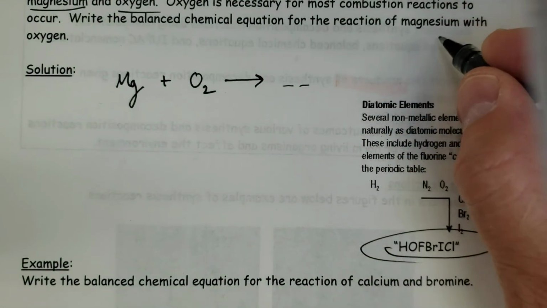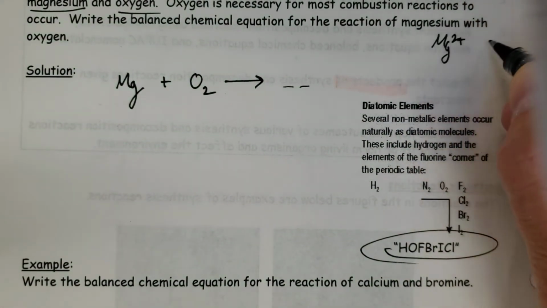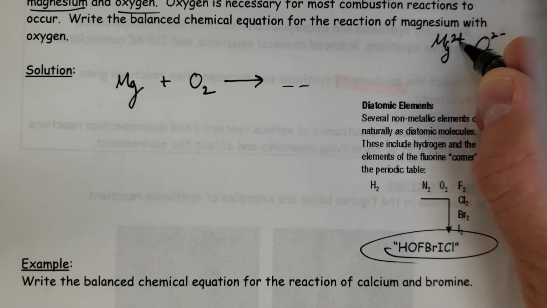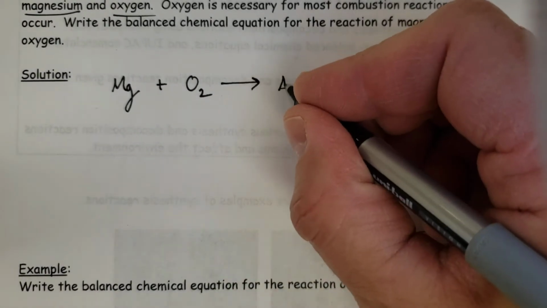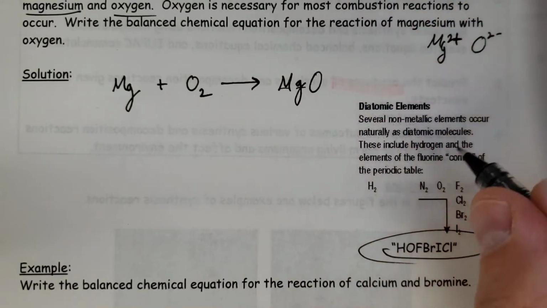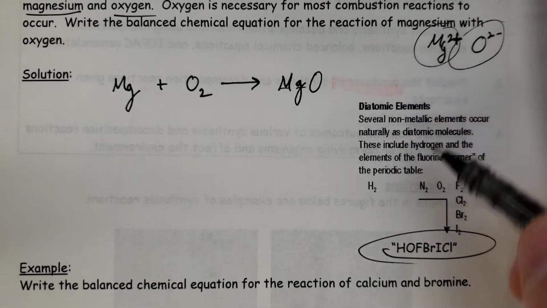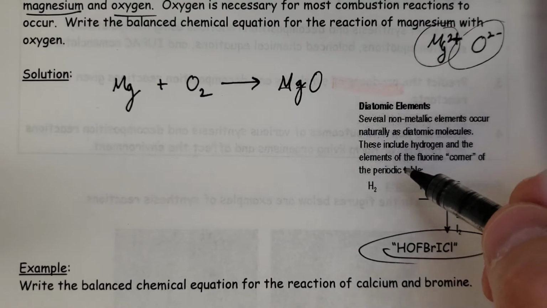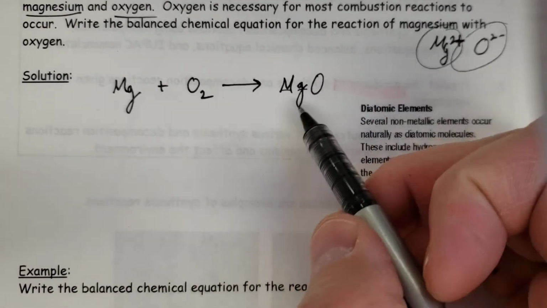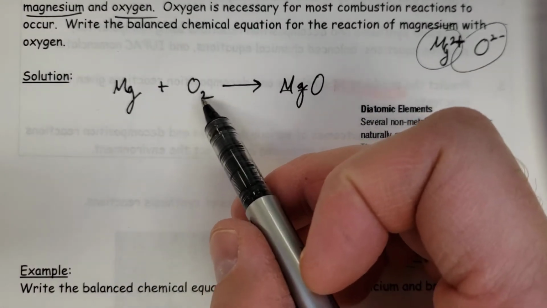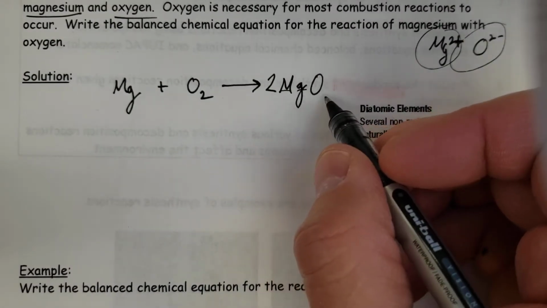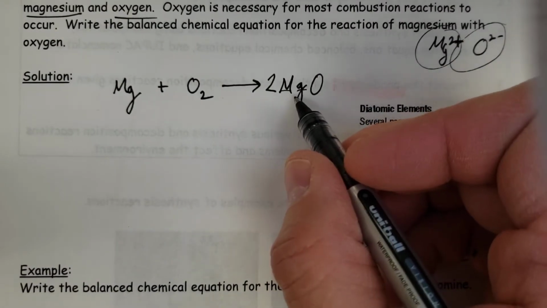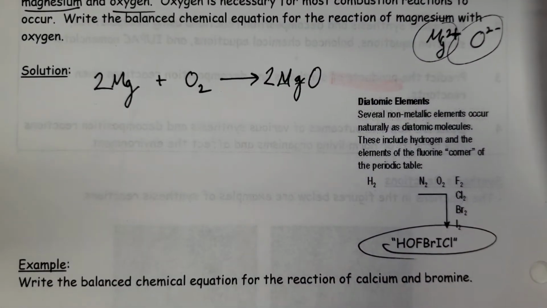So when we have magnesium coming together with oxide, 2 plus, 2 minus, they come together perfectly in a 1-to-1 ratio. One magnesium combines easily with one oxide. Here we have one magnesium, but here we have two oxygens. So we would have to put a coefficient in front of there, giving us two oxygens. But that's going to give me two magnesiums, so I'd have to place a 2 in front of there.